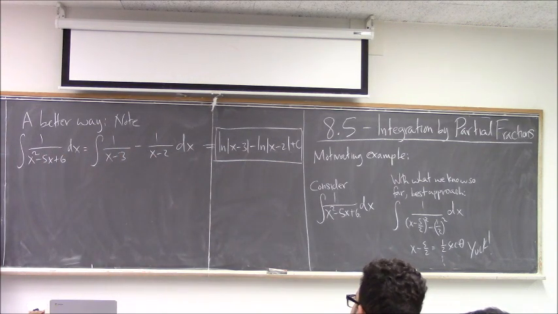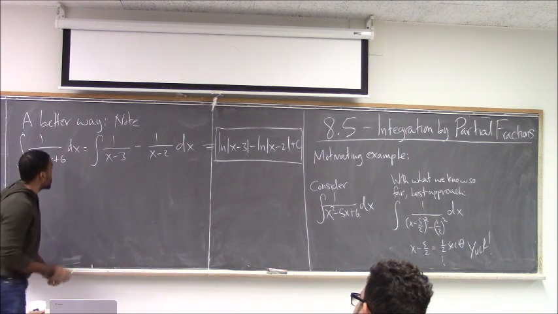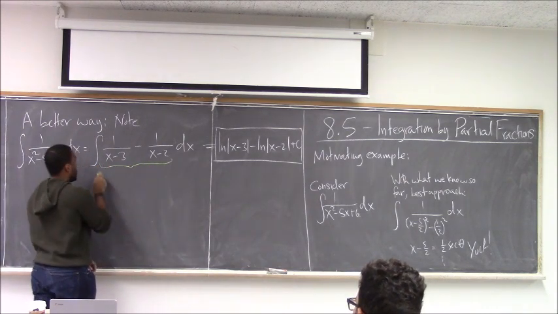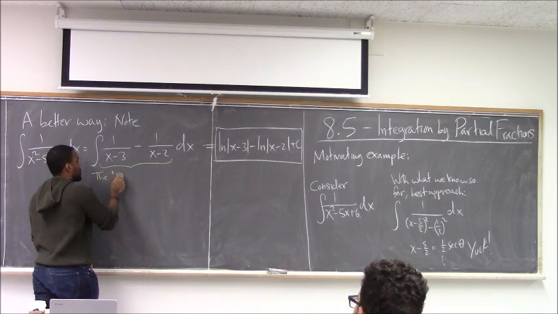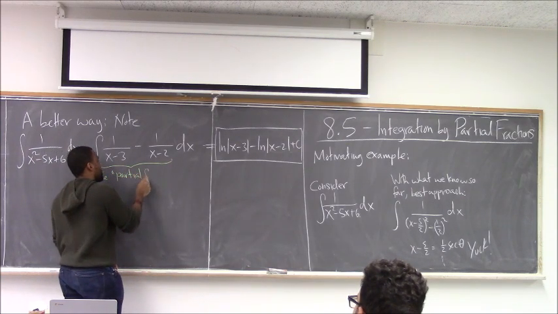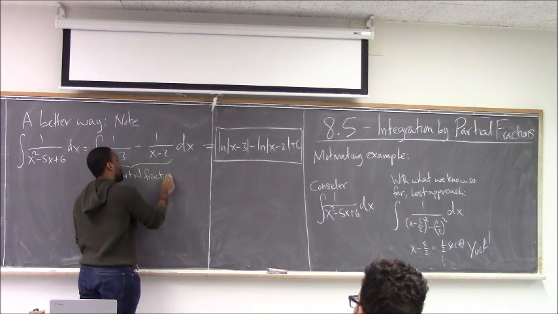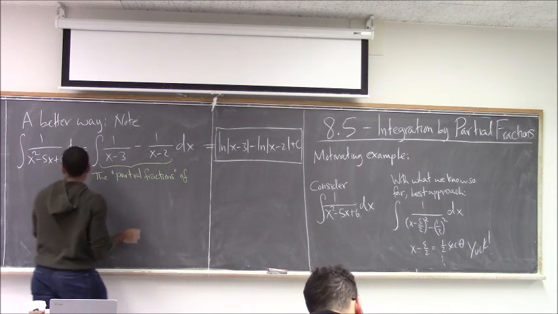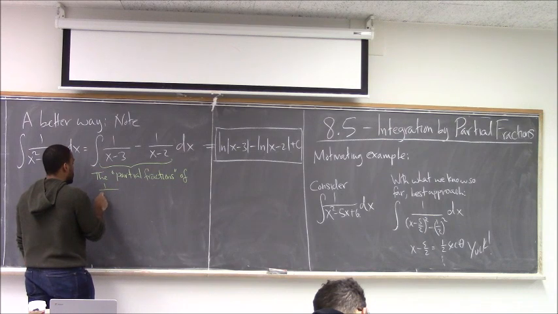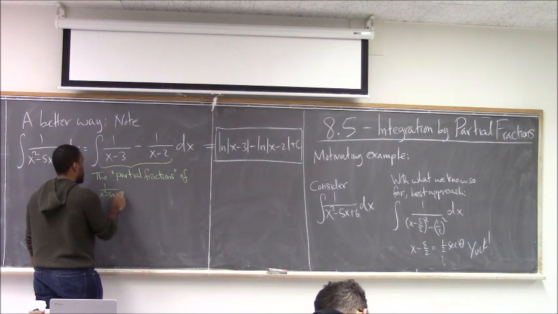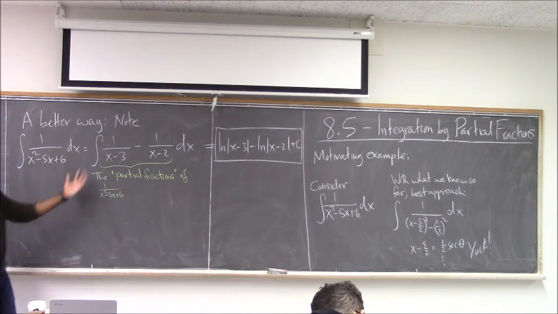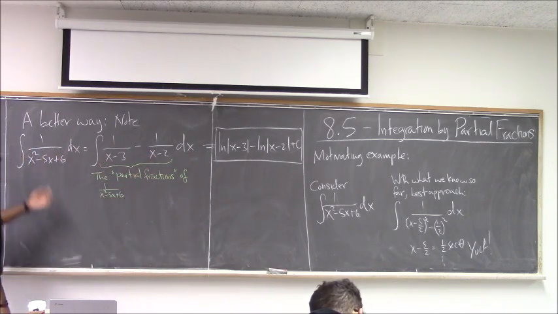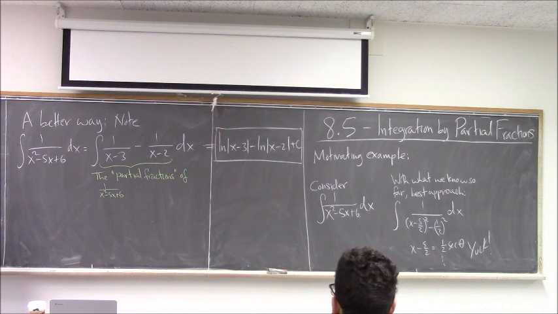And so what this guy here is called is the partial fractions of this guy over here. So pretty much when you take a larger fraction and you break it up into a sum of smaller fractions that add up to the larger fraction, you say you found the partial fractions of that original expression.